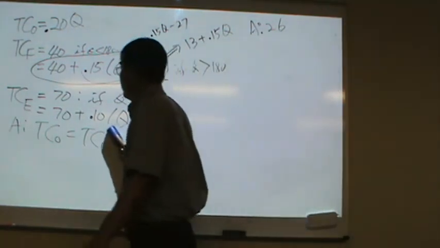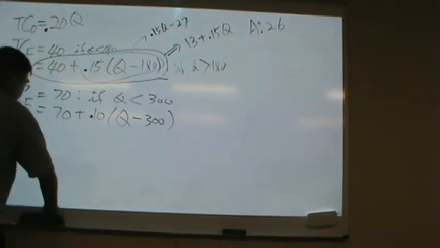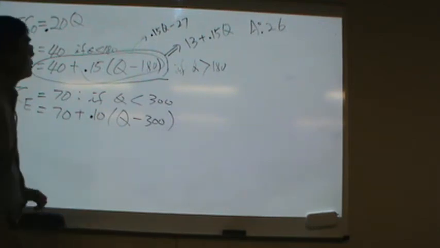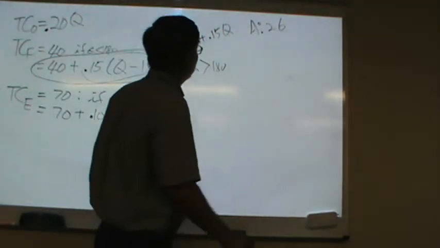So when you multiply that 0.15 times that 180, you still gonna keep your 0.15 Q? Yeah. How did you get the 260? I missed that. 260.